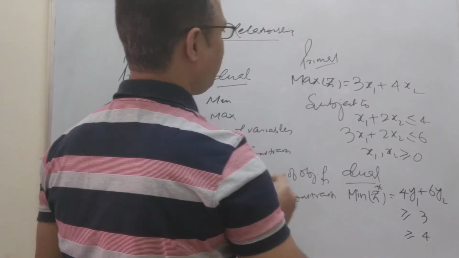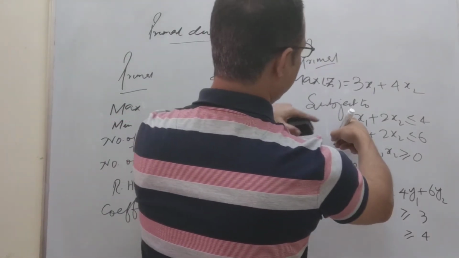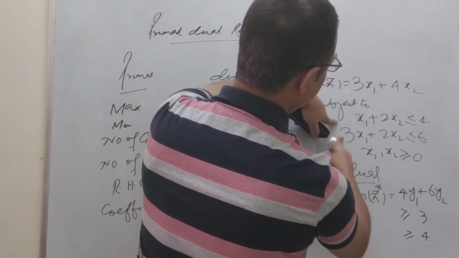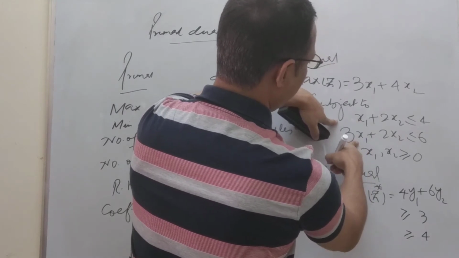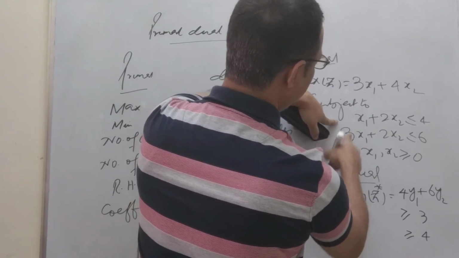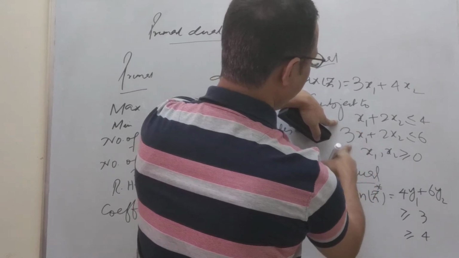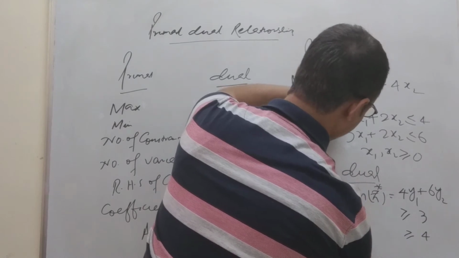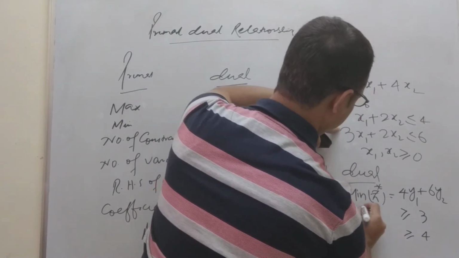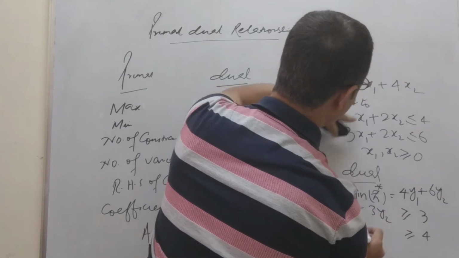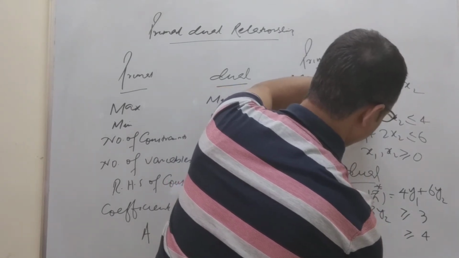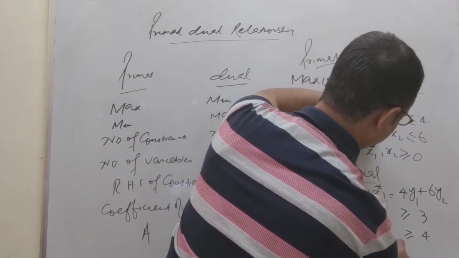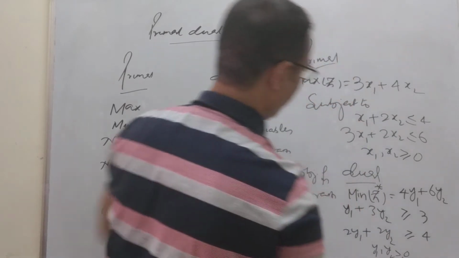And next, look at the coefficients of the constraints. What are the coefficients of variable x1? 1 and 3. 1 from constraint 1 and 3 from constraint 2. So that gives y1 plus 3y2. Similarly, 2y1 + 2y2, and y1, y2 will always be ≥ 0.